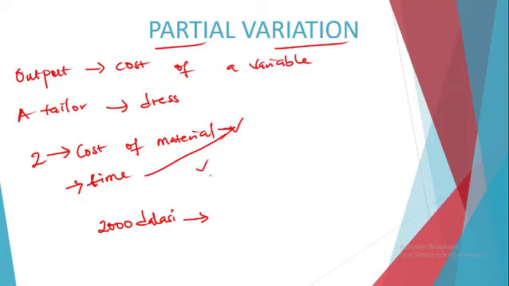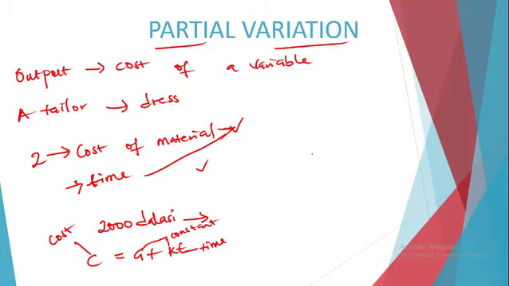So these two things determine the cost of a dress, and therefore we say that C is equal to A plus KT, where C is the cost of making a dress, or the cost of purchasing a particular dress or clothes, where A and K are constants, and T is our time.